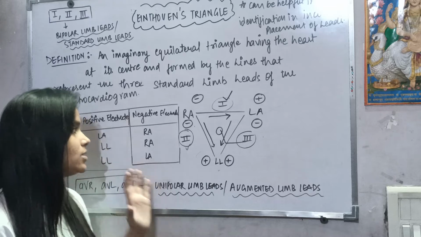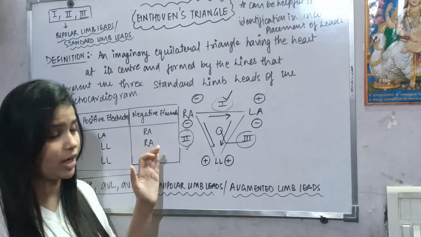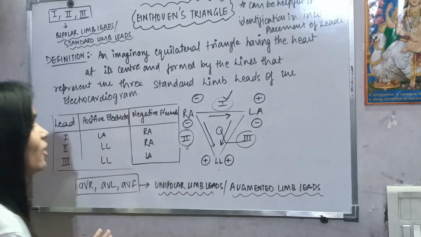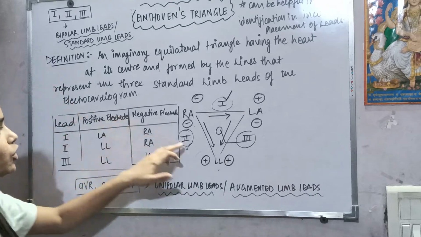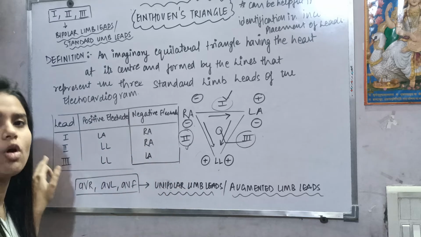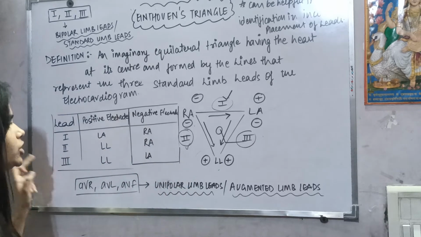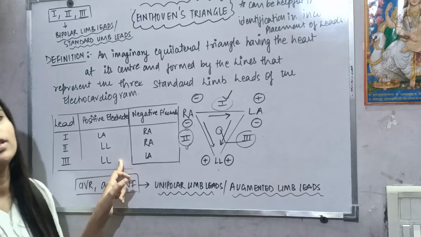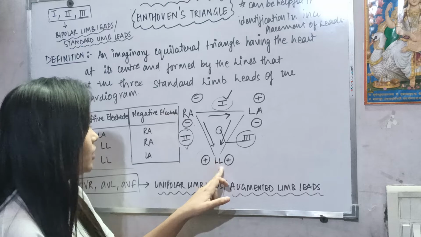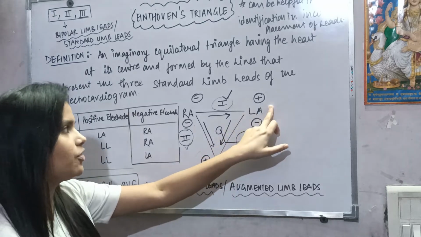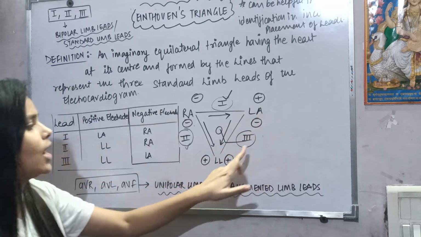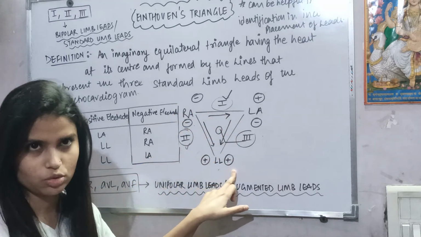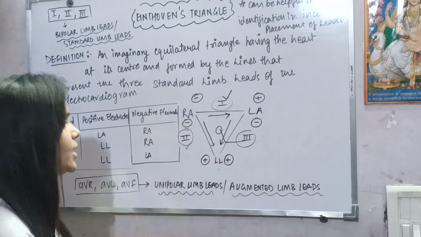It should get embedded in your head, because during the exam you have to write the definition, draw the diagram, and draw the table as well. So the third lead is the voltage difference between the left leg and the left arm. The left arm is considered negative and the left leg is considered positive. You should know the signs also, so remember these signs.